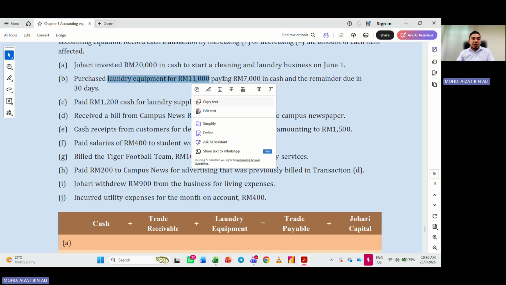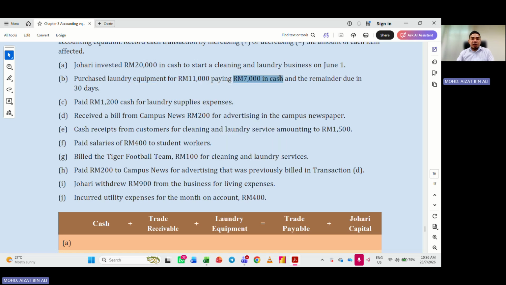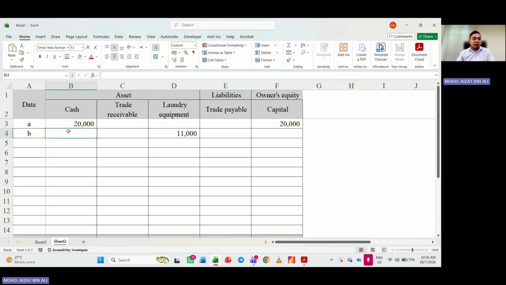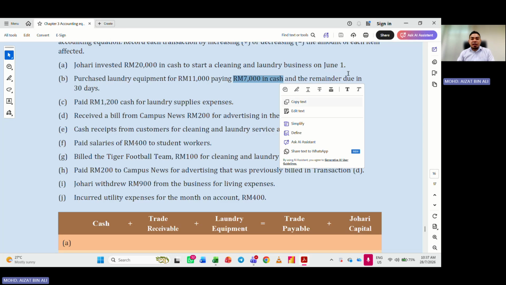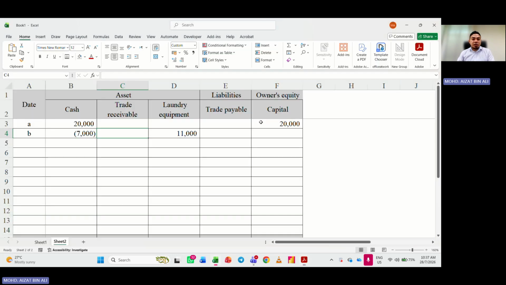Next, paying 7,000 ringgit in cash. Do this step by step, one by one. So go to cash. When we pay 7,000 ringgit in cash, what happens to our cash? Increase or decrease? Decrease, right? So minus 7,000 ringgit. And the remainder due in 30 days, meaning the balance we owe the seller.